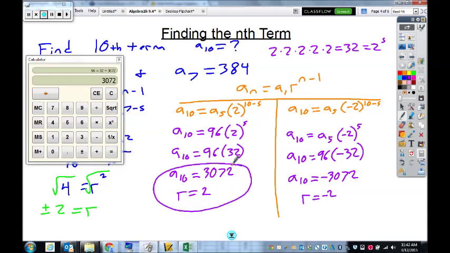Okay, so some of these you're going to get two different possible answers. We don't have enough information to determine whether r is positive or negative. We have two terms, so that's why we have two different answers there.